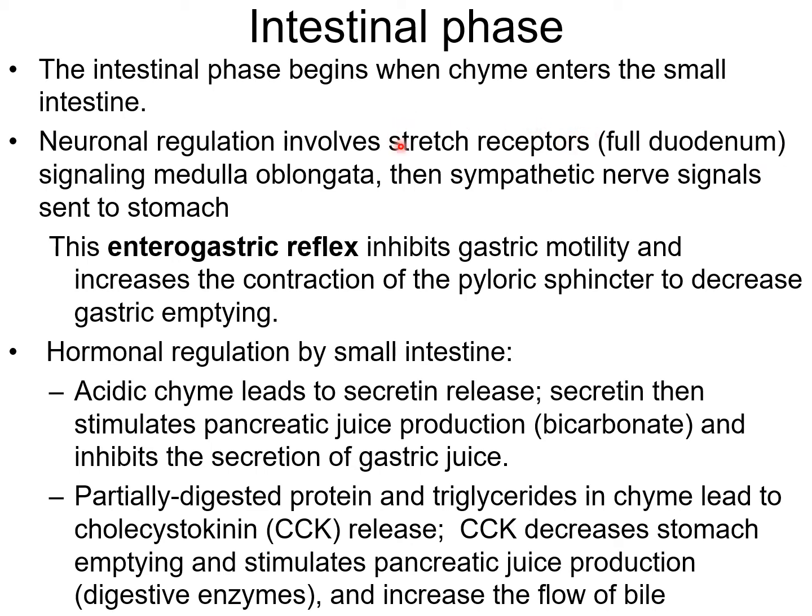Stretch receptors in our duodenum will be sending nerve impulses to the medulla oblongata, and from there sympathetic nerve impulses will slow down the movement of the stomach and also slow down the emptying, and this is accomplished by contracting the pyloric sphincter. So the enterogastric reflex starts in the duodenum and ends up slowing stomach movement and emptying.